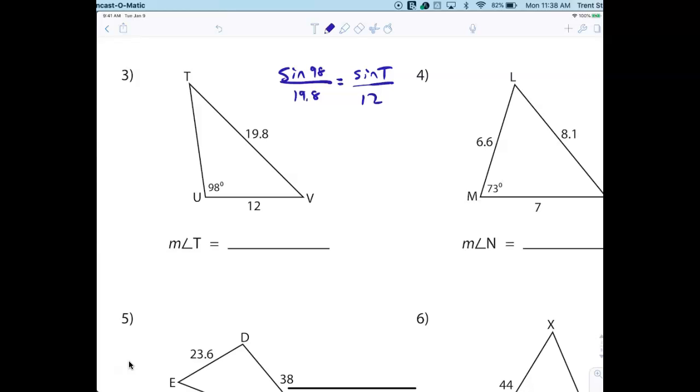Beautiful. So what does sine of T equal? Sine of T equals 12 times sine 98 divided by 19.8.